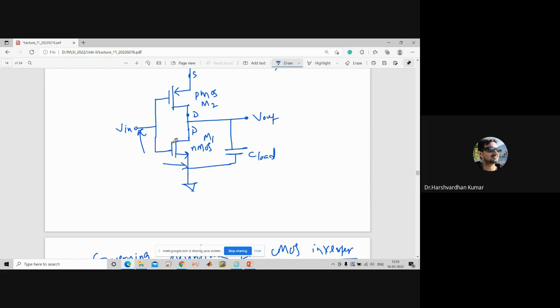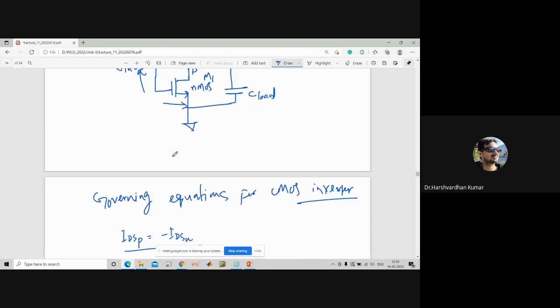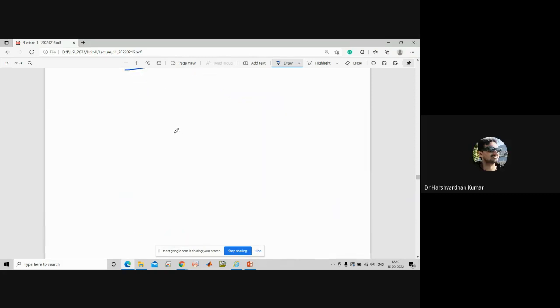Will it be positive or negative? When will the NMOS transistor start operating, for negative gate to source voltage or positive gate to source voltage? Positive. Very good. So this is the first governing equation.